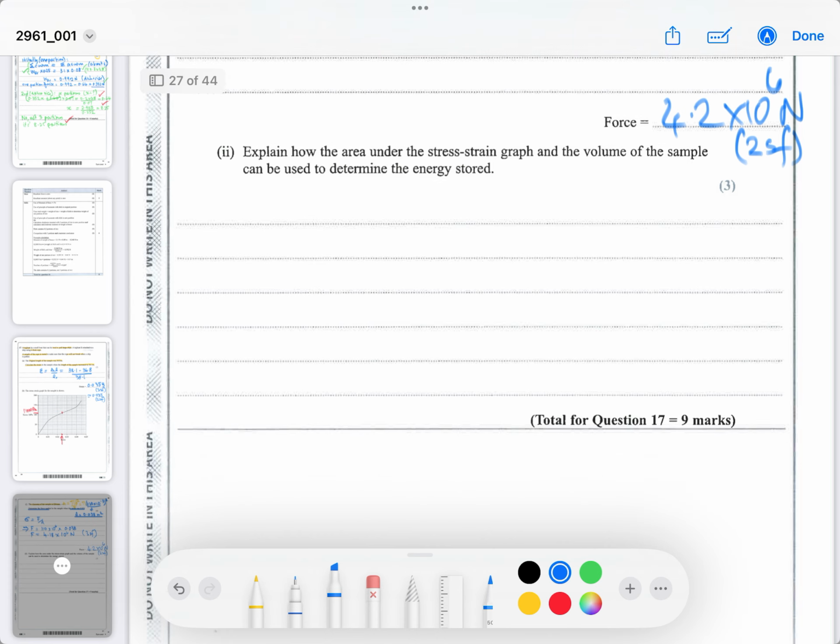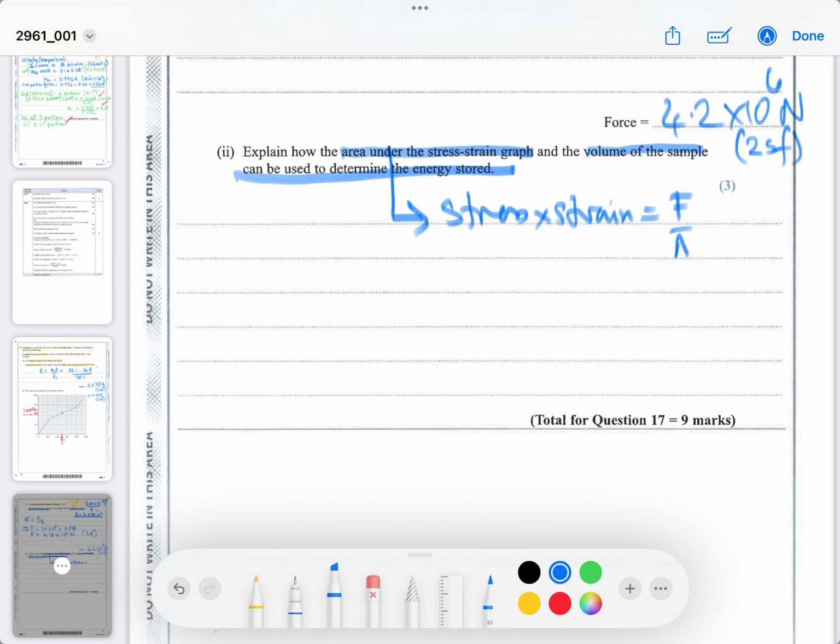And then it says, explain how the area under the graph and the volume of the sample can be used to determine the energy stored. Now the area under the graph is stress times strain, which is equal to force over area times extension over original length.